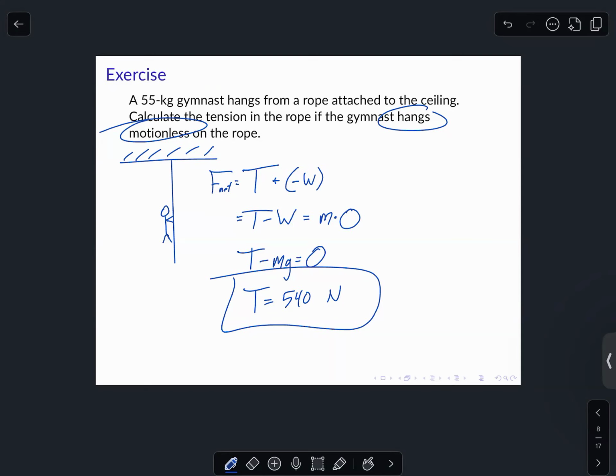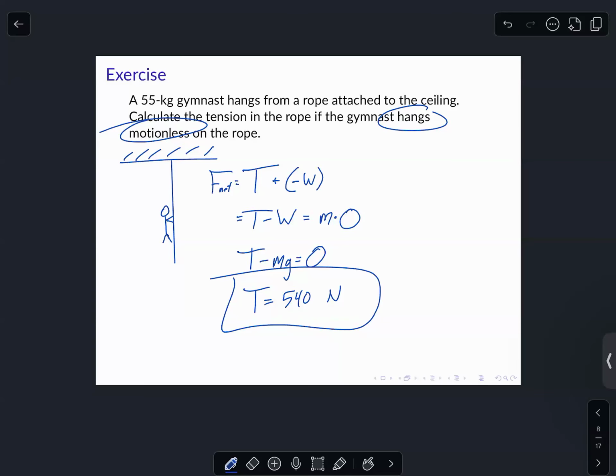Did you get this far? If you didn't get up to this step, then ask earlier. Tell me where I lost you. Okay, so tension plus negative weight is the same thing as T minus W, right? If I add a negative, yes.